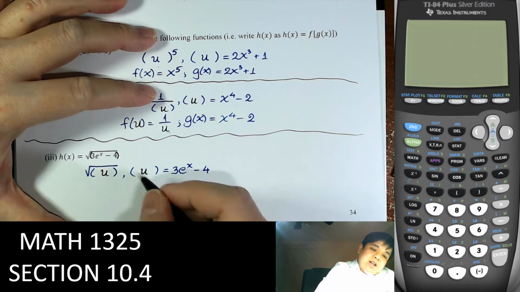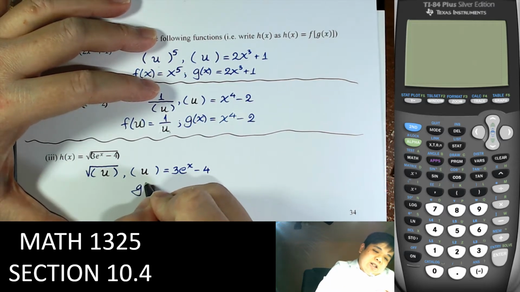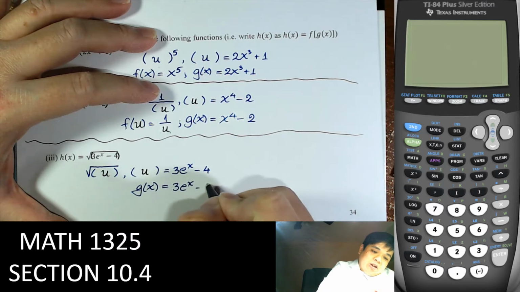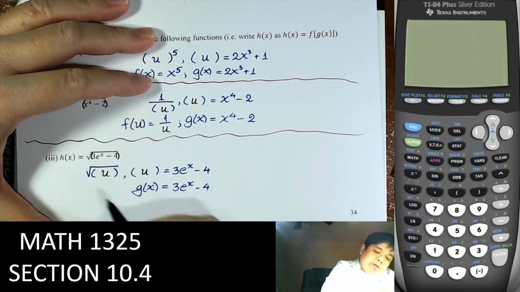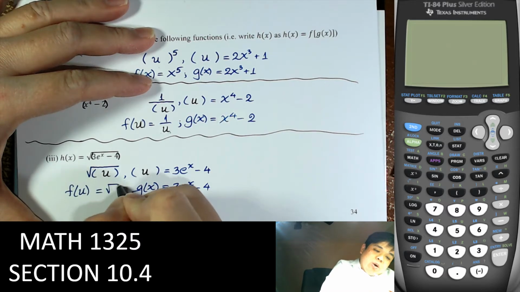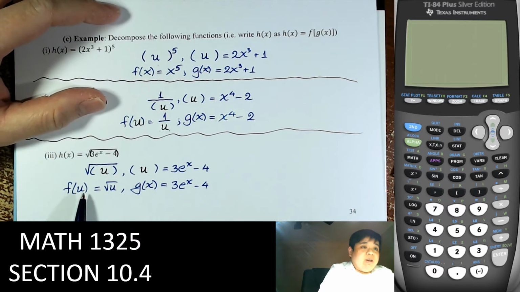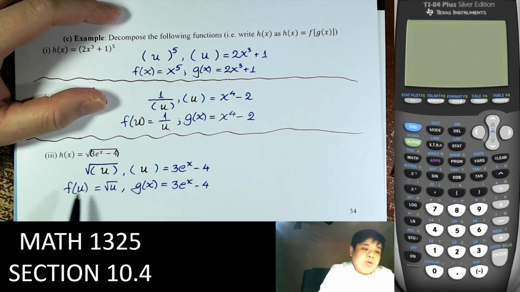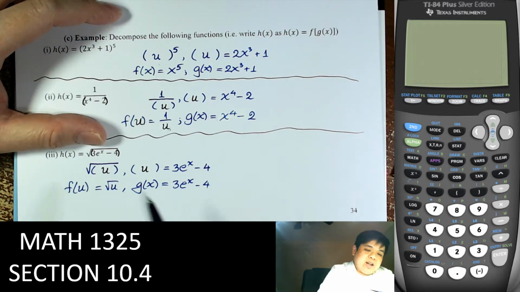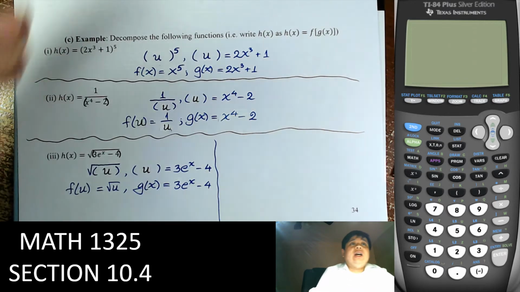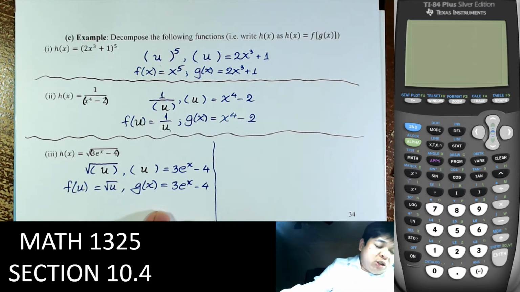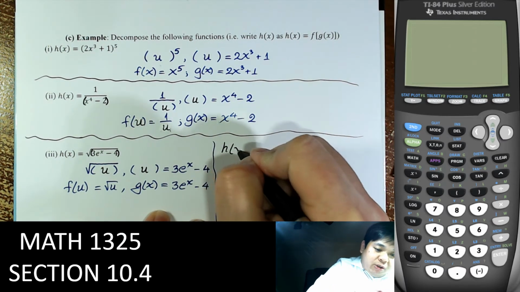So the second function is 3e to the x minus 4, and the function before that, in terms of u, is the square root of u. Like I said, we can write any variable here. If that is w, then we write f of w, or x, and it doesn't really matter. By the way, it's just the way we choose what we put in the parentheses. I could potentially choose something else if I want to.